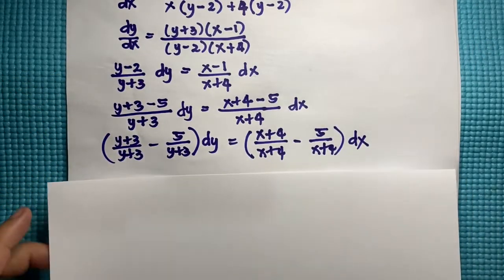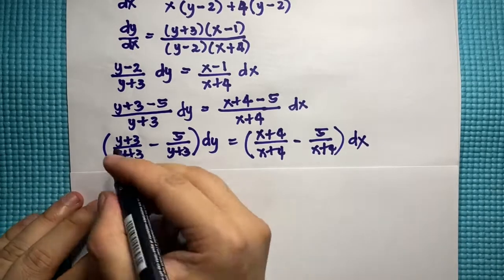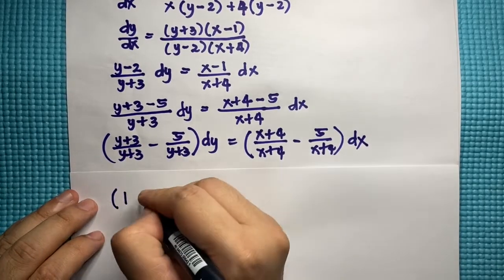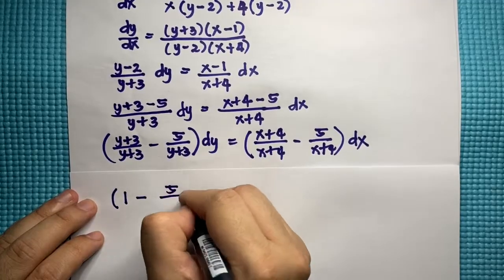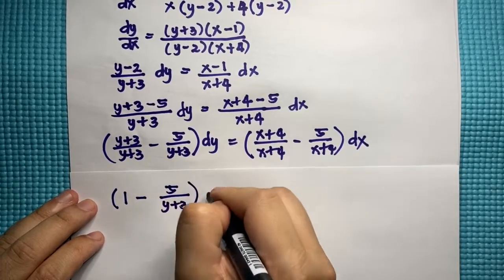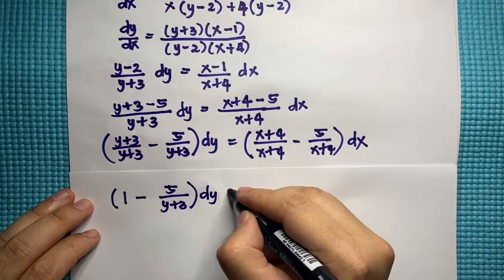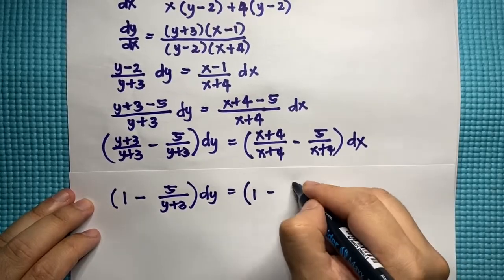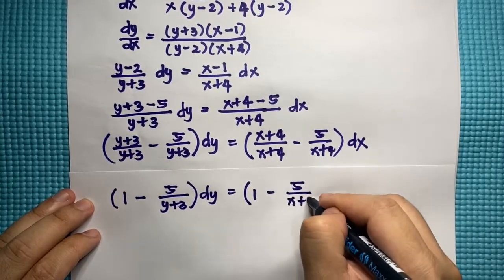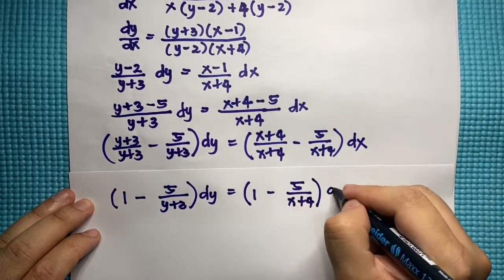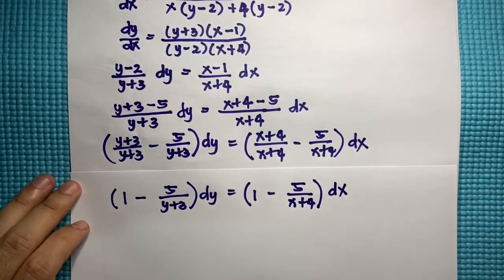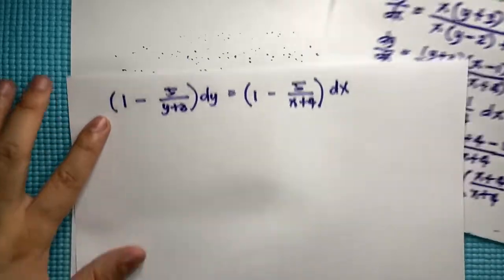To simplify this further, we can rewrite this as 1 minus 5 all over y plus 3 dy, and that is equal to 1 minus 5 all over x plus 4 dx. So this time we can now integrate both sides.